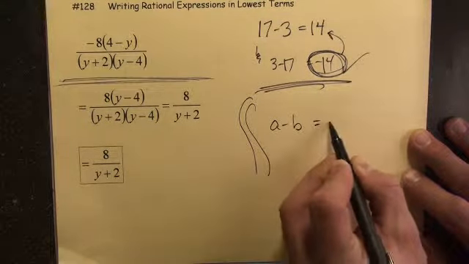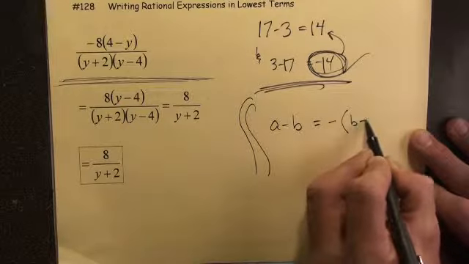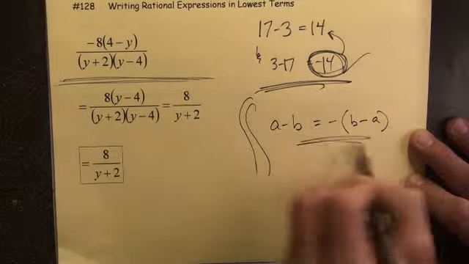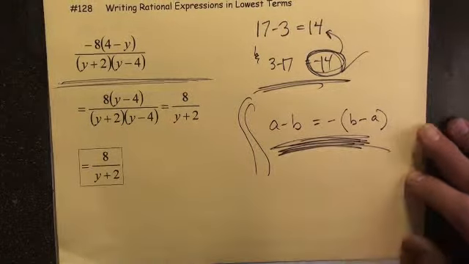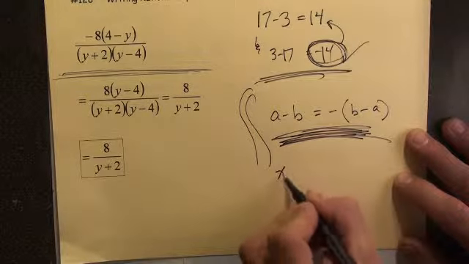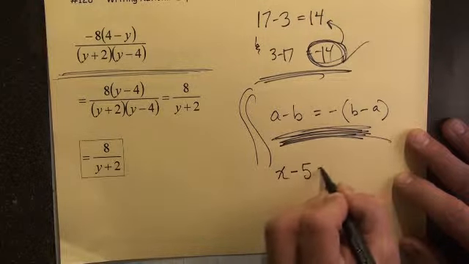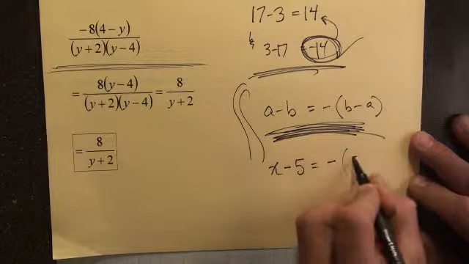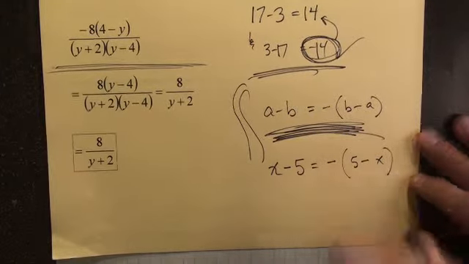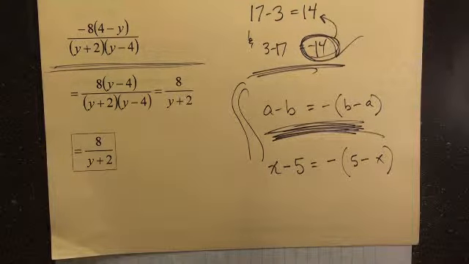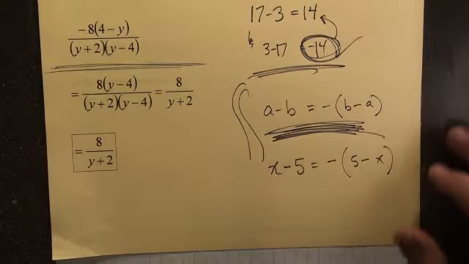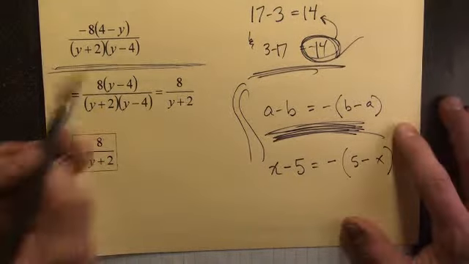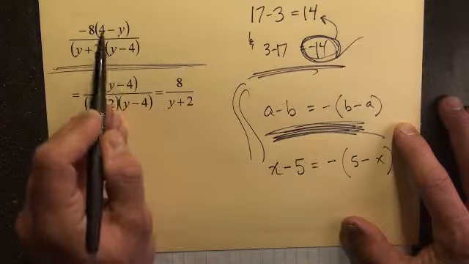So A minus B equals the opposite of B minus A. So in other words, x minus 5, for example, equals the opposite of 5 minus x. Okay? So what we have here is a relationship between the y minus 4 and the 4 minus y.